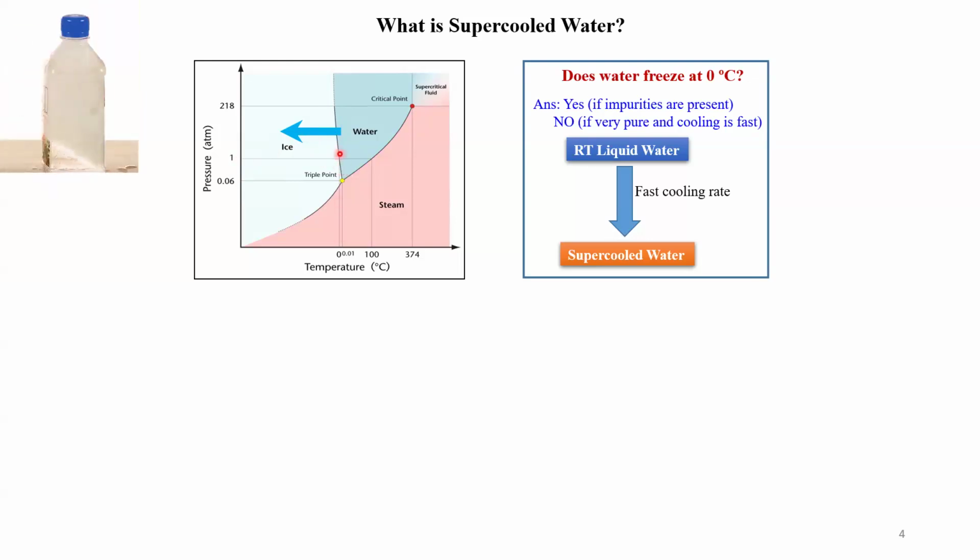So below 0 degrees Celsius, we think that water will be frozen into ice. But that does not happen, particularly when there are absolutely no impurities in the water, and the cooling rate is significantly fast. In that case, you can get water in the liquid state below the freezing point, and that water is commonly called supercooled water.